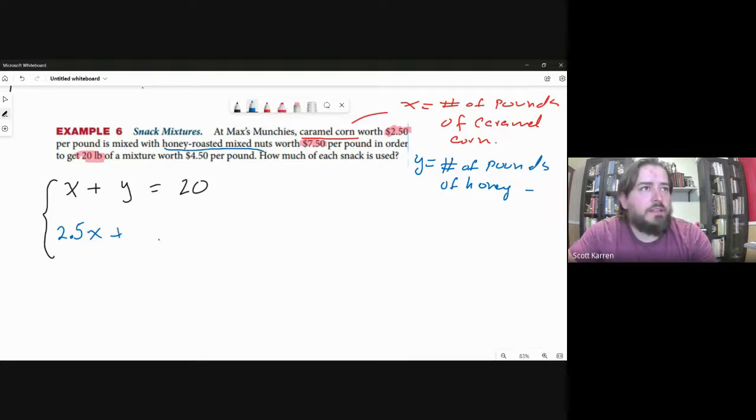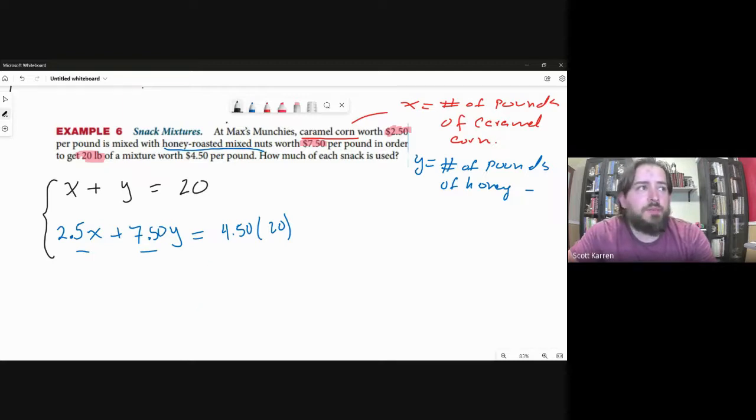And if you add to that $7.50 multiplied by the number of pounds of honey roasted nuts, that's the cost of the honey roasted nuts. So I'm taking the cost of one, adding it to the cost of the other, and it should be the total cost of everything, which is $4.50 per pound multiplied by 20 pounds.